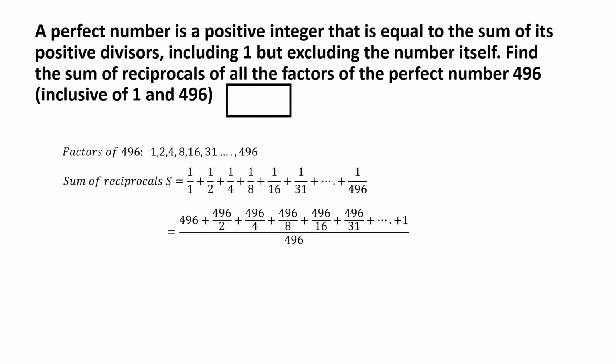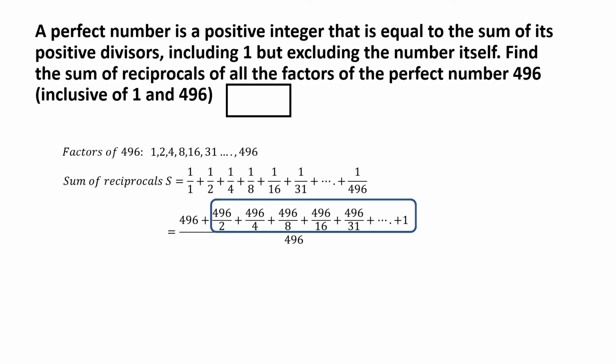And if you look at the terms that are in the box, what are those terms? Well, those are basically 496 divided by one of its factors. That's how those terms are generated.